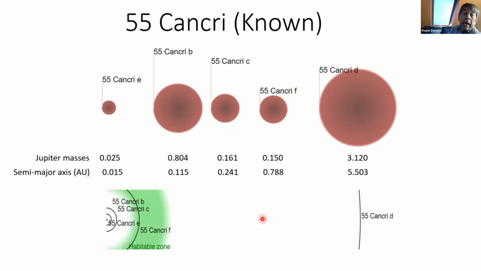Comparing this system to ours, planets E, B, and C are closer to their star than Mercury is to our sun. Venus is 0.72 AU from the sun, so it's fairly close to F, and Jupiter's 5.2 AU from the sun, so it's similar to this planet. So we have some very close in ones and some that are fairly similar to our own system.